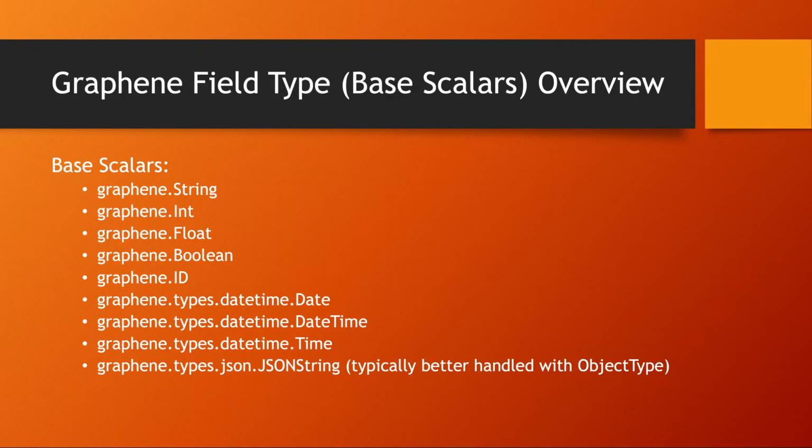When you have the JSON string returning to the client, they actually have to do some decoding, or I should say, encoding into a JSON object on the JavaScript side, which is kind of an extra step. It makes things a little bit uglier and more complicated. But just be aware of that. I'm sure there are use cases where it is absolutely necessary, but you can also basically just data munge things into a custom object type in Graphene, and you'll end up with something that looks, in my opinion, much cleaner. And I should probably go back and refactor some code, but I don't know if I'll get around to that.